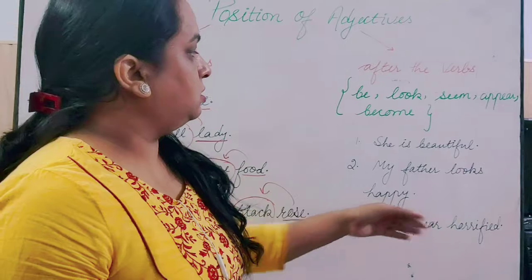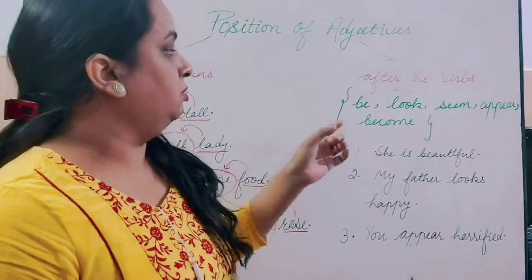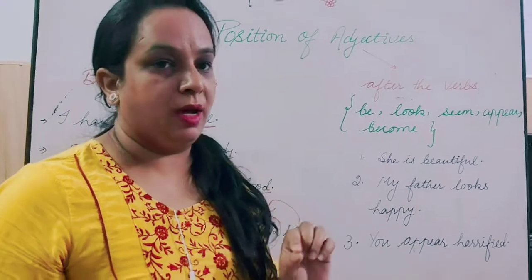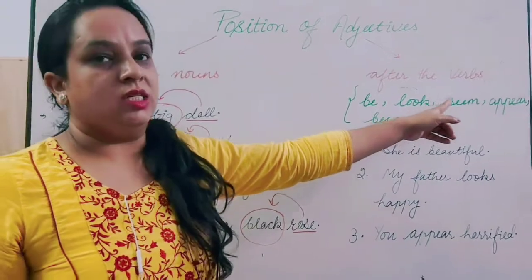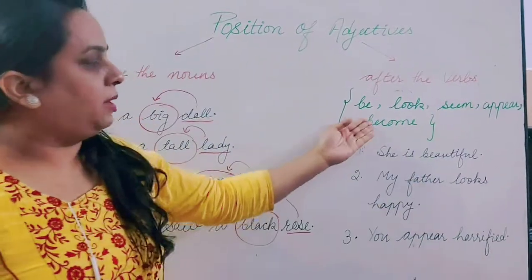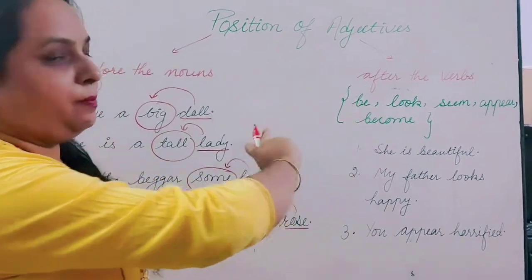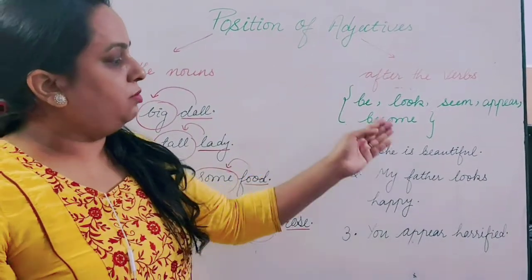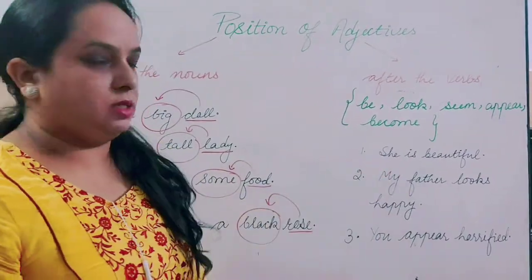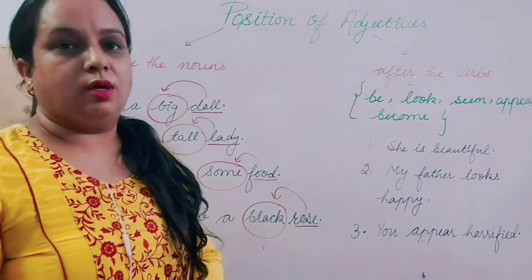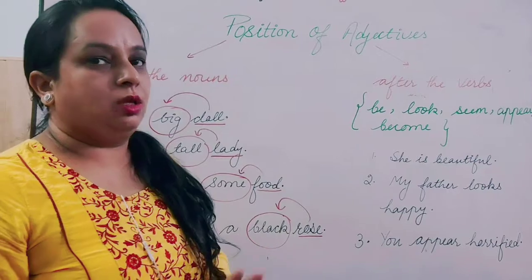See this part, after the verbs. I said there are some verbs which we have to remember. For example, be forms, look, seem, appear and become. See: be forms, look, seem, appear and become. Like I said in the starting also, the adjectives are the words which are used to describe the nouns and the pronouns.